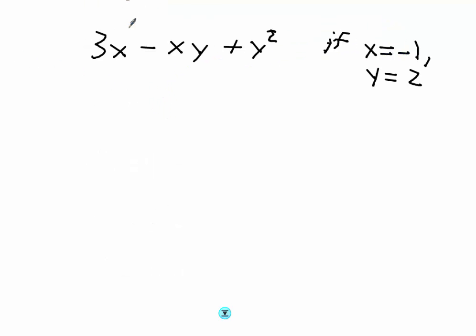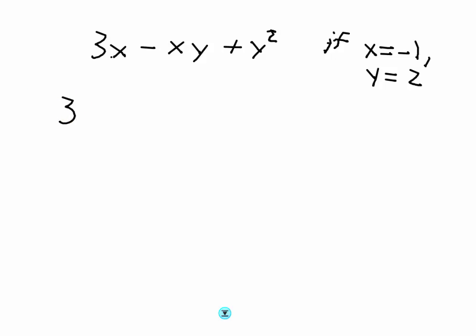Okay. So next one, we have 3x minus xy plus y squared. Okay. And it tells us here that x is negative 1 and y is a positive 2. We can't simplify this at all because we have a 3x, an xy, and a y squared, so there's no terms that we can combine.